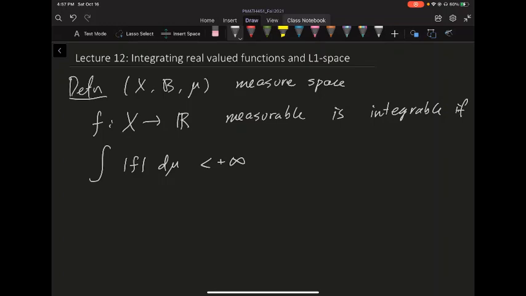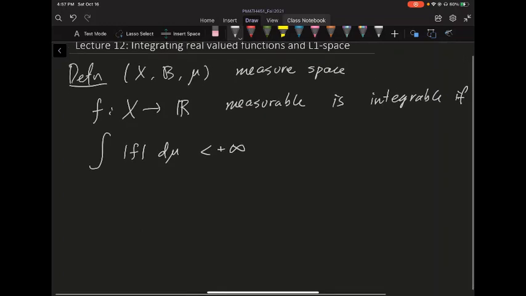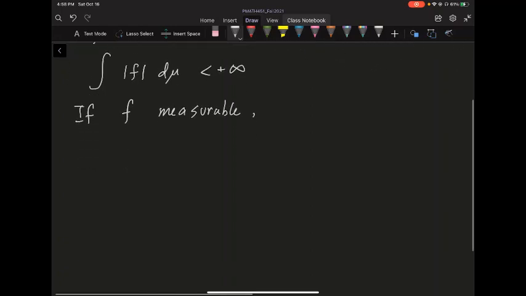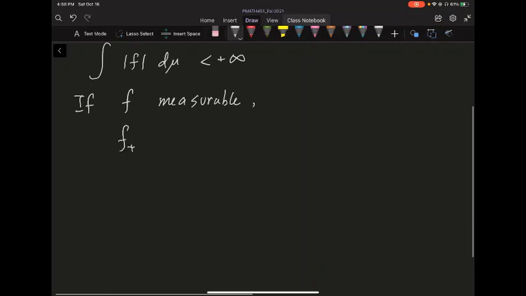This is essentially the same as how I defined integrable functions on the real line, okay? Now I want to define, for a measurable function, the integral of this f. So if f is measurable, let's define two functions, the positive part and the negative part. The f plus is the positive part, so let's take the maximum of f and 0. If it's less than 0, let's just replace it by 0, otherwise take f of x.